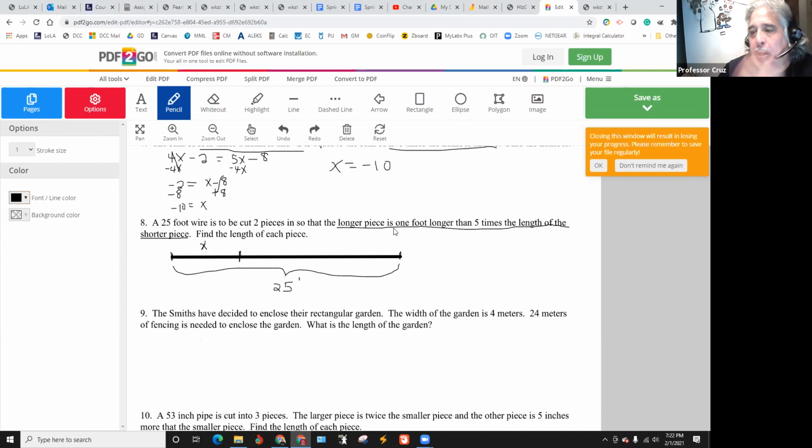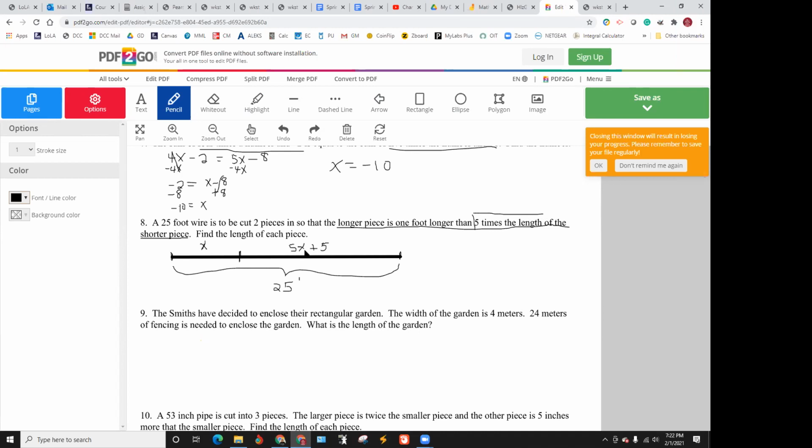So when it says the longer piece is longer than, that's what plus means, right? And it's not just longer than X, it's 1 foot longer than 5 times the length of the shorter piece.